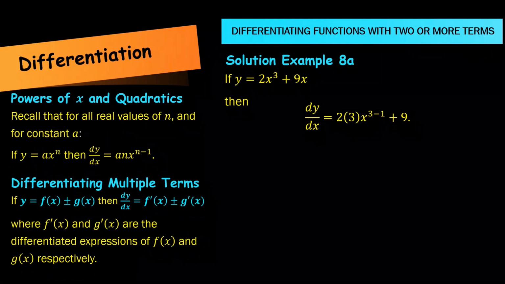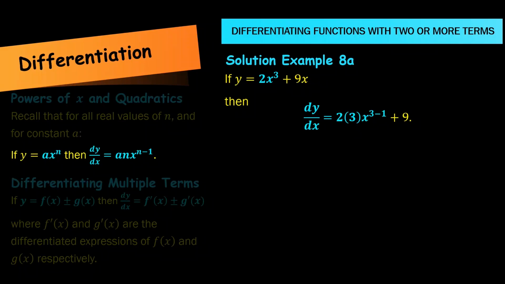We've simply plugged in the values for a and n for this particular term into our formula. So we obtained for 2x cubed, a equals 2 and n equals 3, and we plugged that into dy/dx equals an times x to the n minus 1.